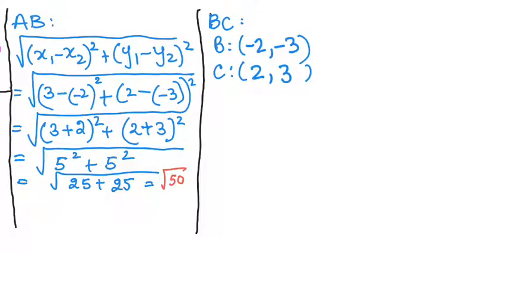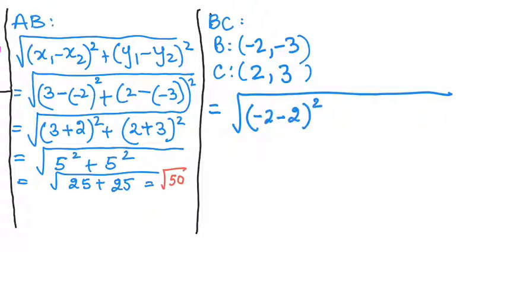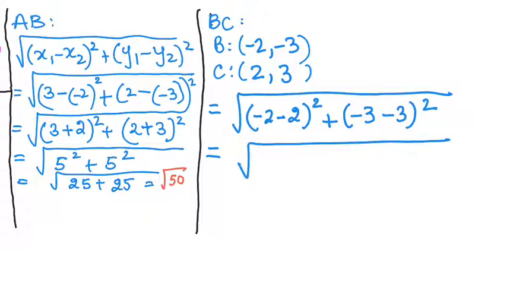Next we find the distance from B to C. So simply putting it in the formula, root of (-2 minus 2) the whole square plus (-3 minus 3) the whole square, equals root of (-4) the whole square plus (-6) the whole square.